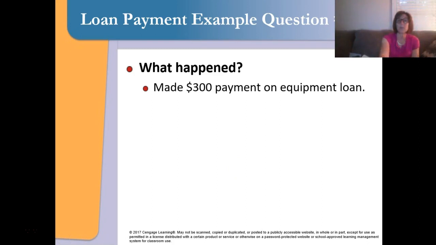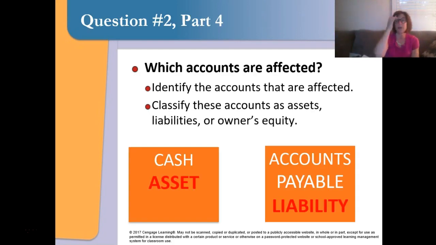Now, what happens? We're going to make a $300 payment on the equipment loan. So let's look first at what accounts are going to be affected by that. $300 is going to come from our cash, and we're going to use that toward the accounts payable, which is the liability.